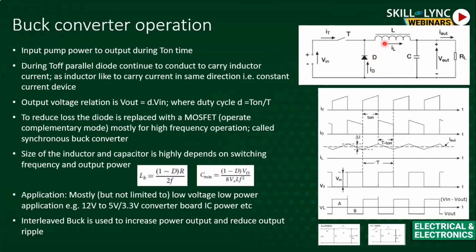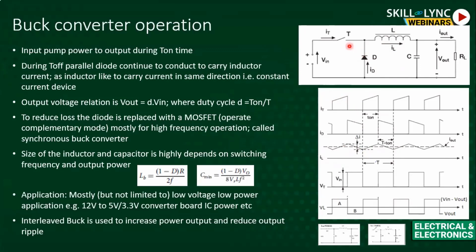One important thing we should know here is that the inductance, by nature, will never allow the current to discontinue. It can have a slope, rising and then falling. So if you see the current in the inductor, it will be like that: rise, fall, rise, fall.